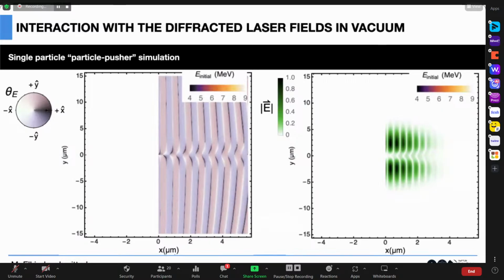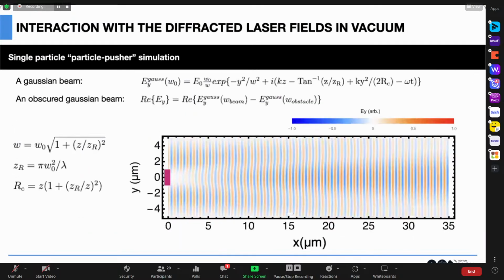Okay. Anyone else? Maybe I have a quick question from an ignorant. I'm not in this field, but if I look at these green electron bunches, they seem to be very short in time.